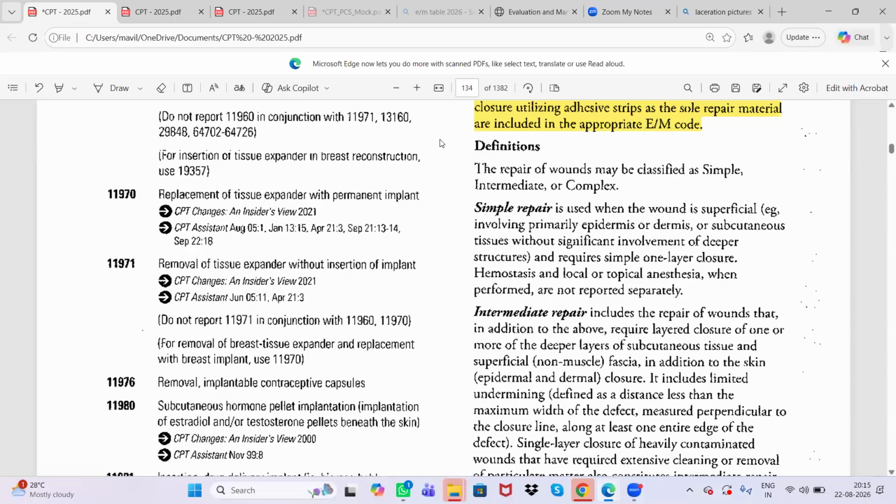Simple repair. By hearing this term, what are your thoughts? Small cuts, closed with one layer. Right, superficial layers. What are the superficial layers we have in this case? Epidermis, dermis, and subcutaneous tissue.